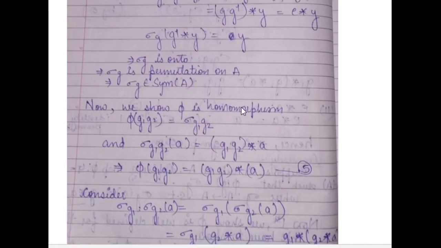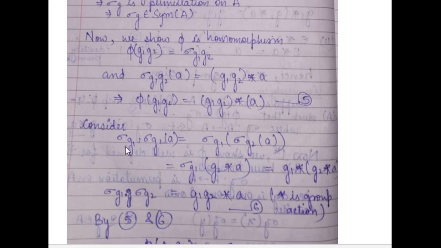Now we show phi is a homomorphism. For that we consider phi(g1 g2), which equals sigma_(g1 g2) by definition, and sigma_(g1 g2)(a) equals (g1 g2) star a. So phi(g1 g2)(a) equals (g1 g2) star a. Now consider sigma_g1 composed with sigma_g2 applied to a. This equals sigma_g1(g2 star a), which equals g1 star (g2 star a), and this equals (g1 g2) star a.